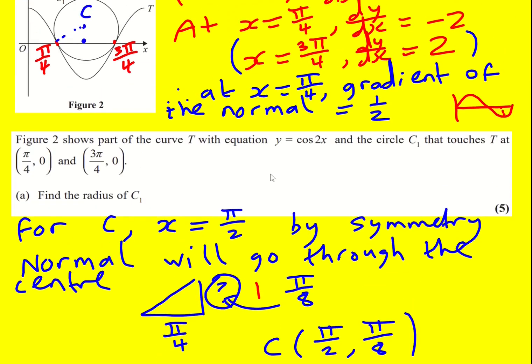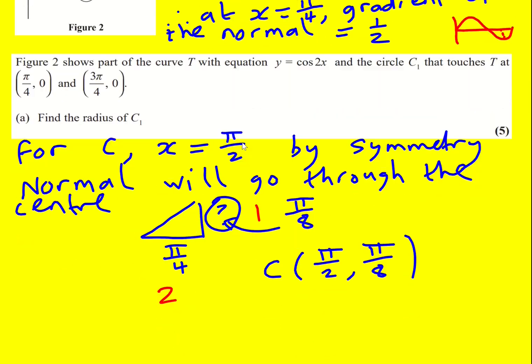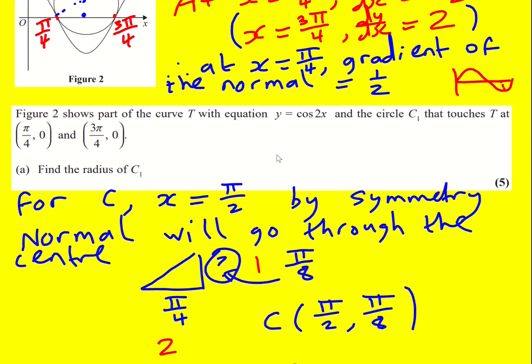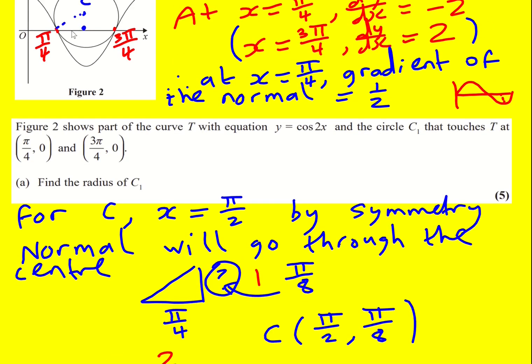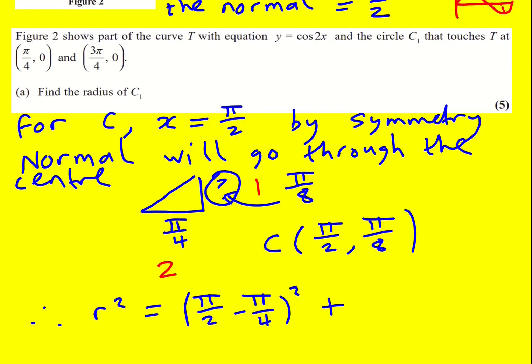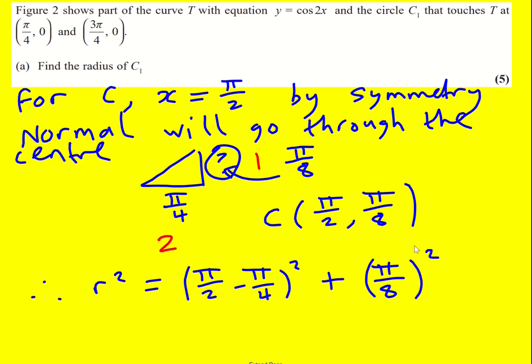And we're sorted now for the radius because I can just subtract the point. Therefore, r squared is going to be the difference in the x's squared plus, using Pythagoras' theorem now on r, this distance squared plus this distance squared. This one is just pi over 8 minus 0, which I can just leave as pi over 8, all squared.